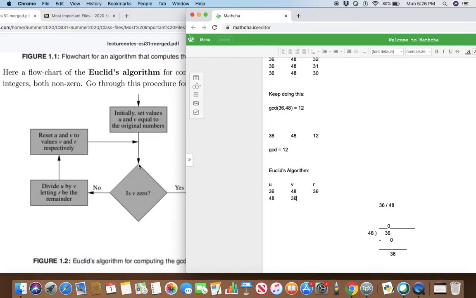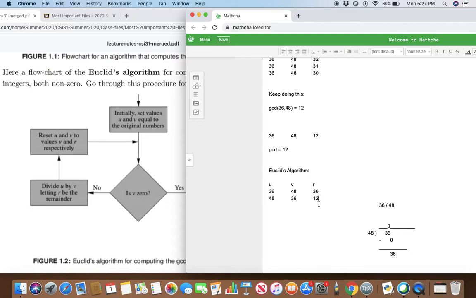You go back. Is my v 0? No, it isn't. So divide u by v. How many times does 36 go in 48? It goes in it once. And what's the remainder? Remainder is 12. All right. 36 goes in 48 once.